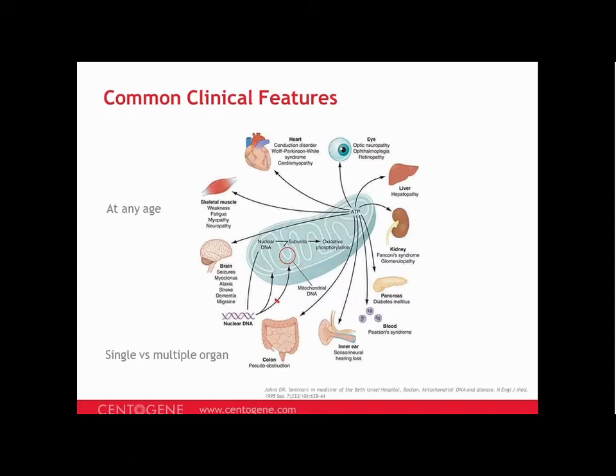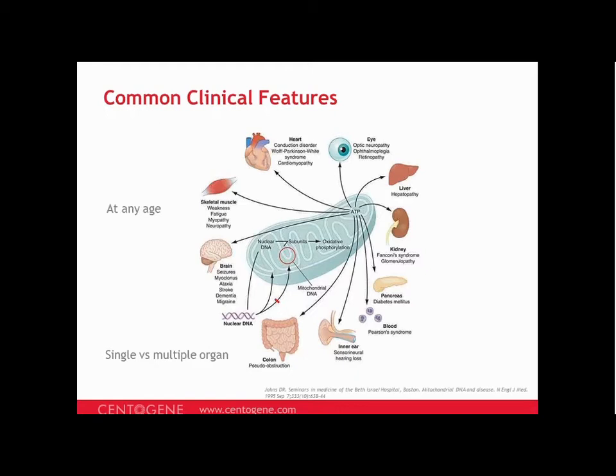And when you check the heart, cardiomyopathies or conduction disorders. For the inner ear, it can be sensorineural deafness. For the pancreas, it could be diabetes mellitus. And the main clinical features are usually accumulated in the central nervous system, and these features are like fluctuating encephalopathy, seizures, dementia, migraine, stroke-like episodes, ataxia, and spasticity.